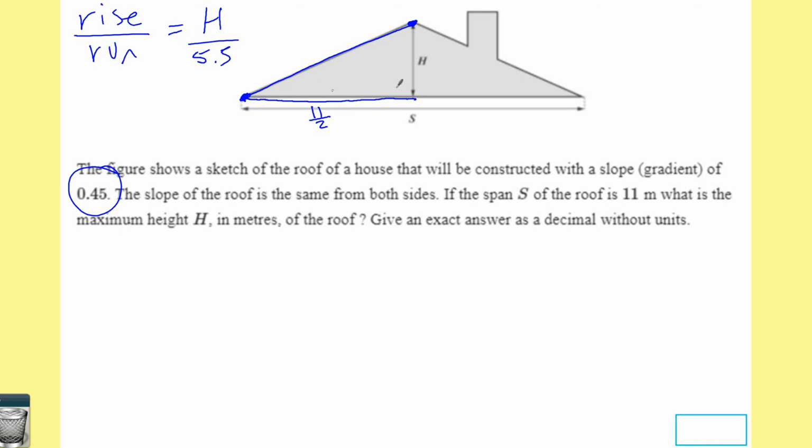So our slope of this roof must be h over 5.5, but I also told you it has to be 0.45. So h over 5.5 must equal 0.45. So we multiply that out, and we should get 24.75.